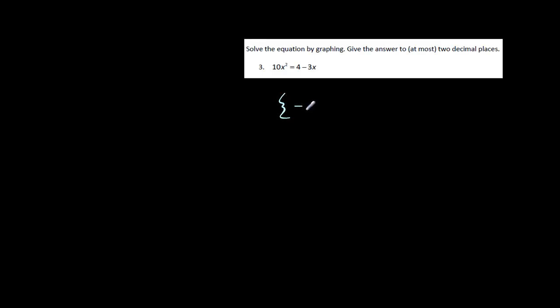You want to do it again, so second trace 2 for the right. So there's your left bound, so just under it, and your right bound after it, and then guess 0.5. So let's write down those two solutions. So negative 0.8 and 0.5 are your two solutions.